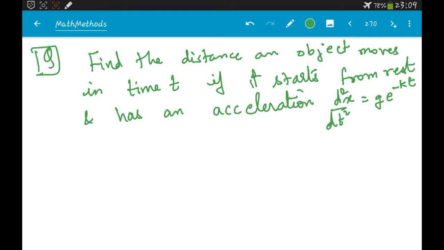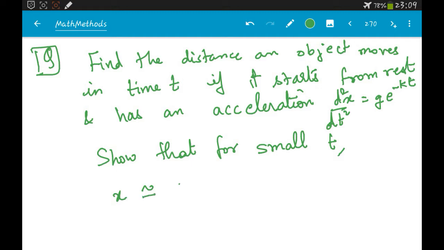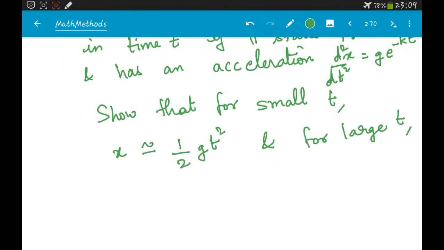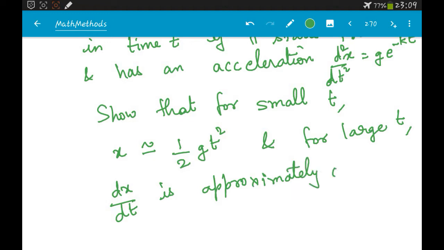Now show that for small t, x is half g t square, and for large t, dx by dt is approximately constant.